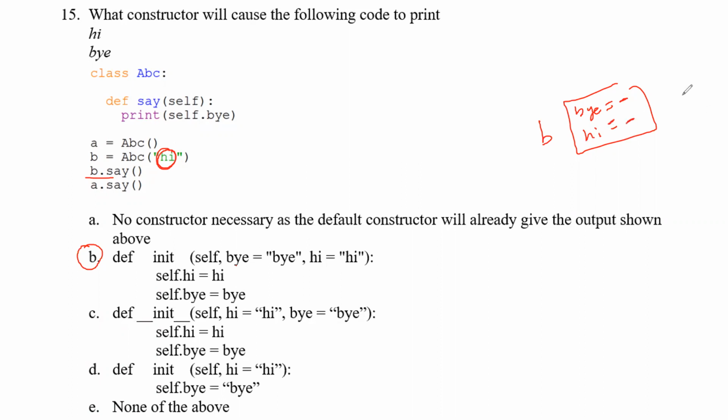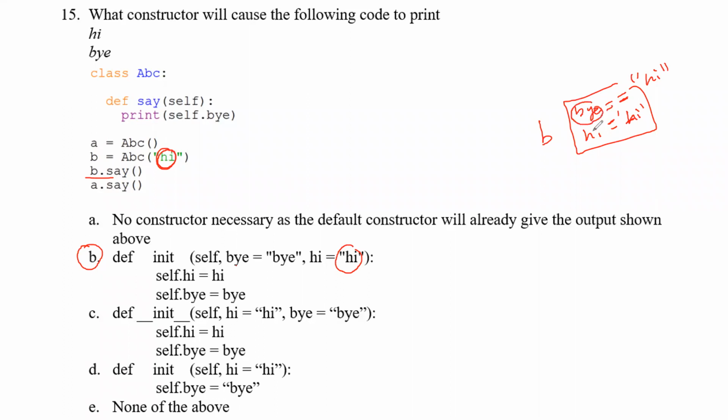What do you think? It's going to be inside by. So by is now equal to hi. I didn't send anything to the second variable, so it's going to take the default, so here I will have also hi. Is this clear now? Okay, so inside B, I have two variables.